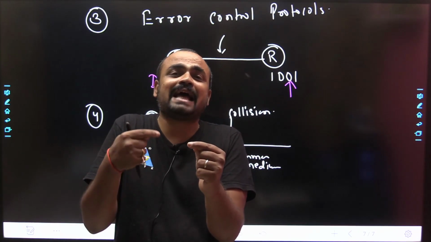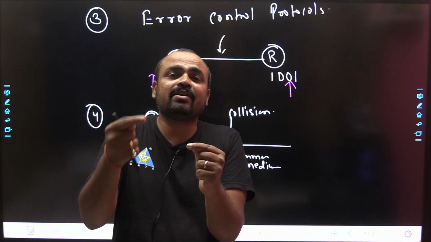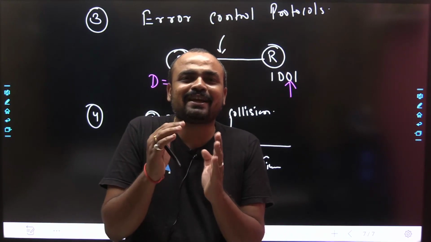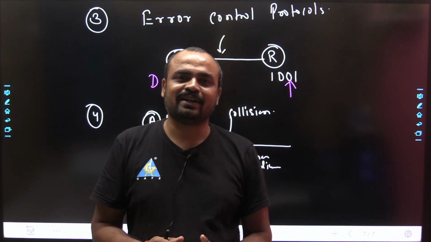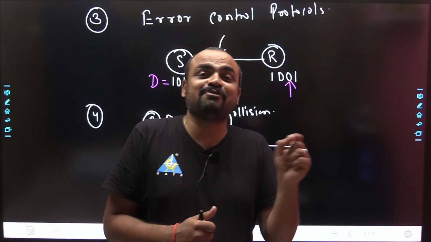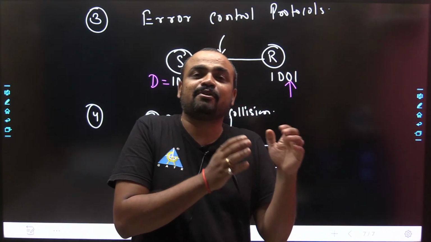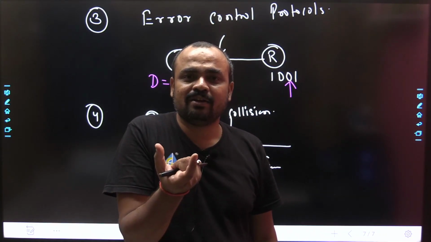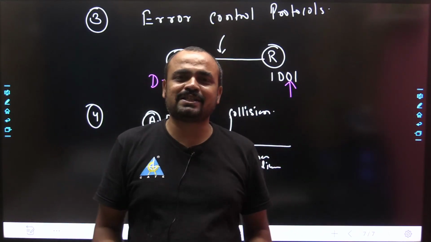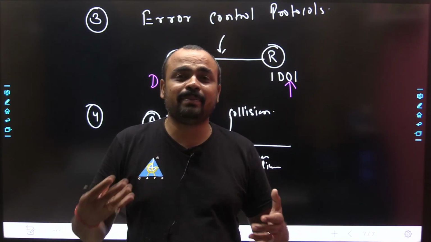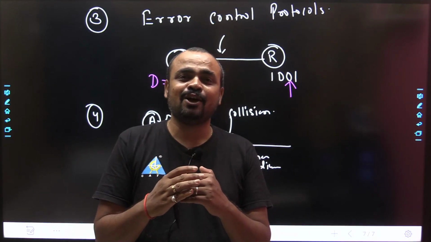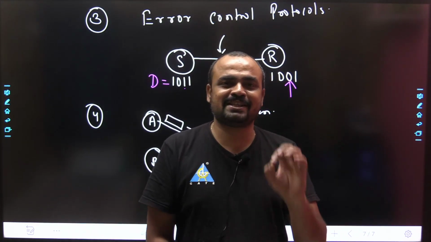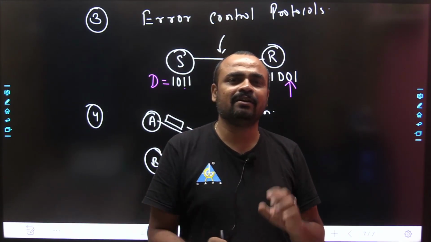But if the collision is happening and we cannot remove it, then our ultimate target is to reduce the rate of collision. Are you getting my point or not? Another protocol is contention free, meaning collision free. That means we are designing a protocol in which the probability of collision becomes 0%. Protocol is nothing but a logic. What kind of logic are we going to implement so that we can reduce the rate of collision or remove the collision? Those are the matters we will discuss inside the media access control.